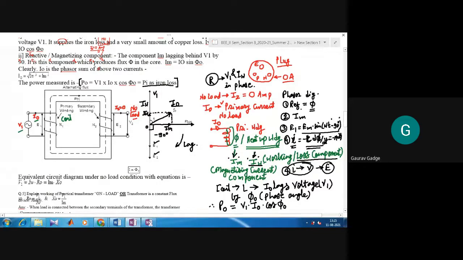See, phase angle is always measured between voltage and current. So V1 is on the positive y-axis and I naught is the resultant vector. The angle between the two is phi naught, and that is indicating phi. So that's all with this phasor diagram.